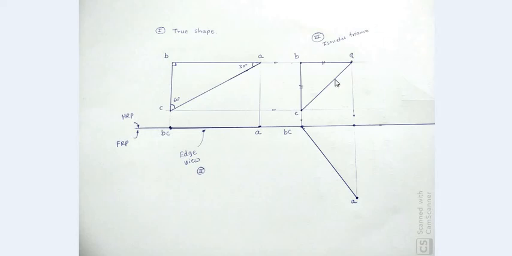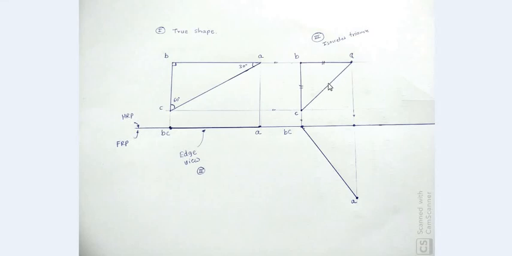And the complication is the angle of hypotenuse with respect to HRP is given, and we have seen that the angle of hypotenuse given is with true length of hypotenuse, and whether true length of hypotenuse is available here.